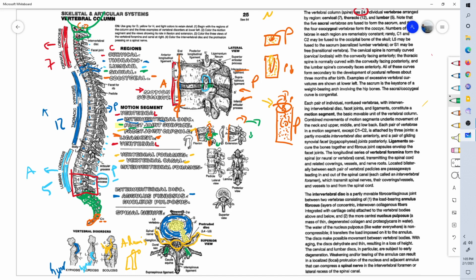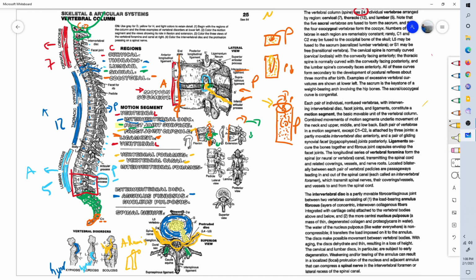And that hole is for the nerve to exit right here, the spinal nerve looking down. The spinal nerve will exit out of that hole right here. And that nerve will go down to the knee and to the leg and innervate the muscles and the skin and the blood vessels, etc.